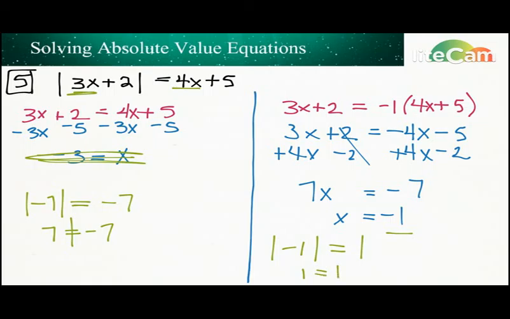This is true. So my answer is x = -1. Okay, notice how one of my answers didn't work, but one did. Okay, that's why we check each one of these. And if you notice, a lot of the reason why this happened is because we had this x on the other side that was starting to affect the equation again.